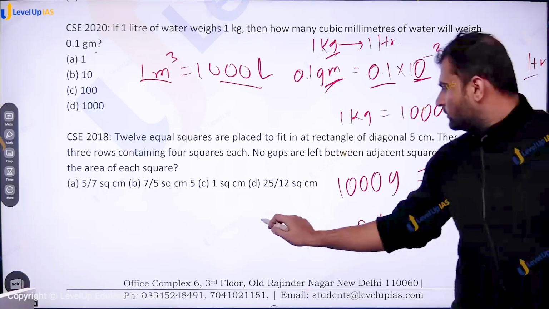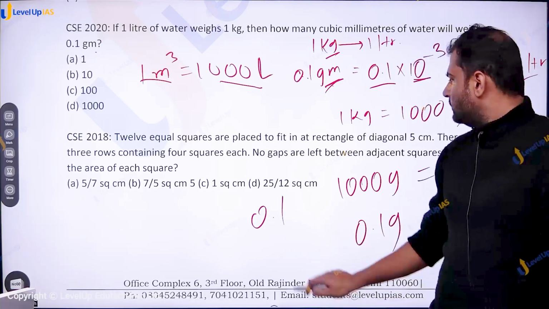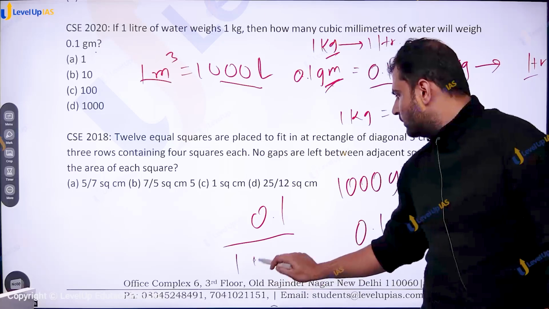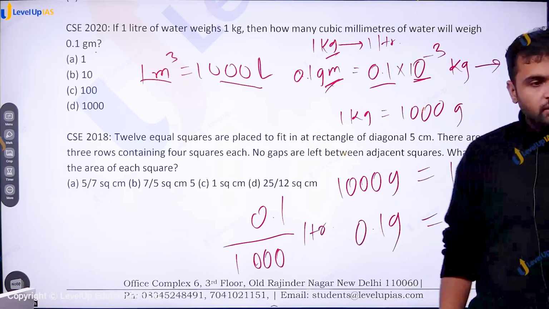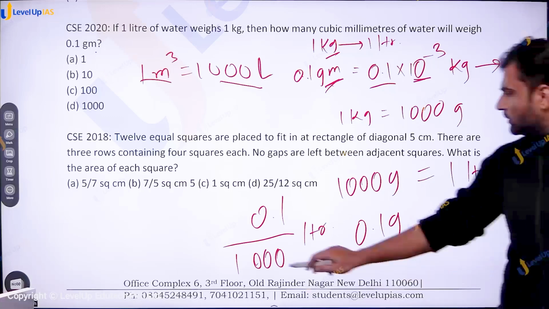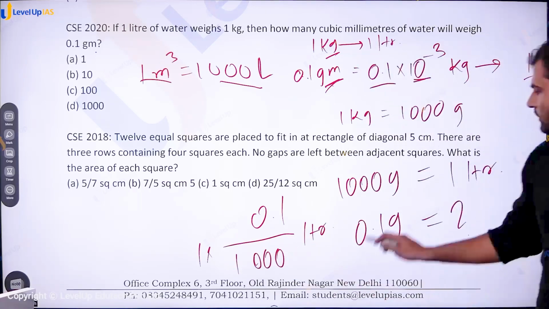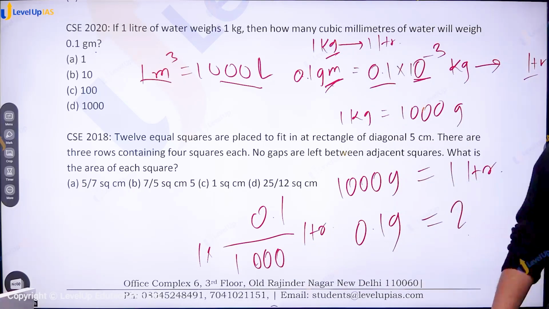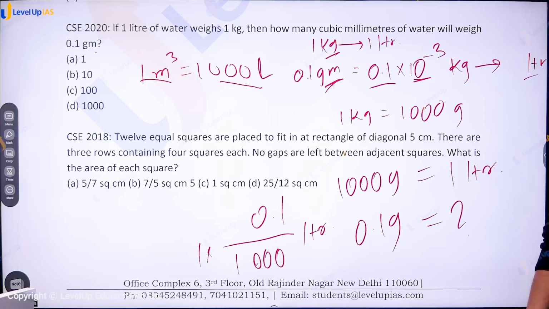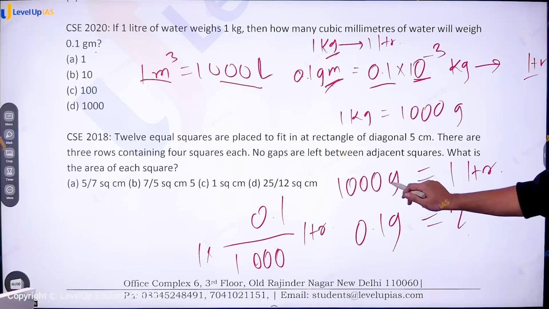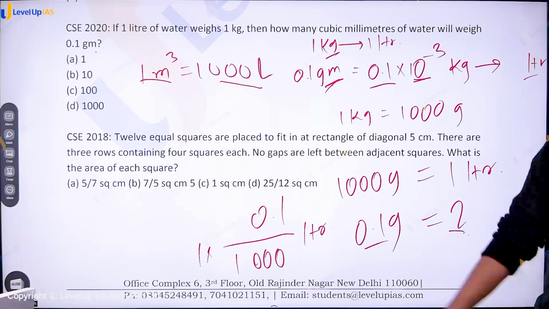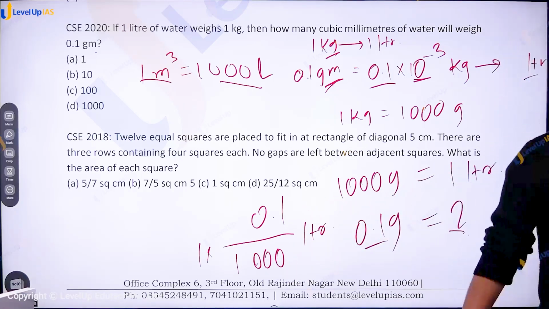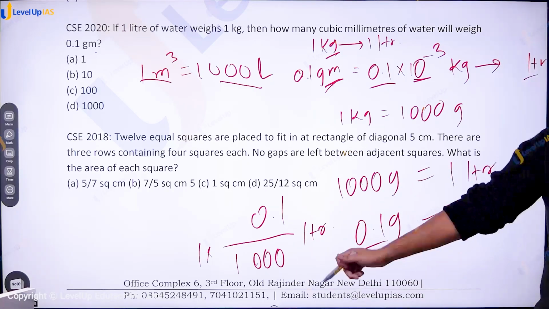You get 0.1 divided by 1000 liters, right? Invert this and multiply. 1000 gram is 1 liter, then 0.1 gram is how many liters? So the answer would be 0.1 divided by 1000, that many liters.